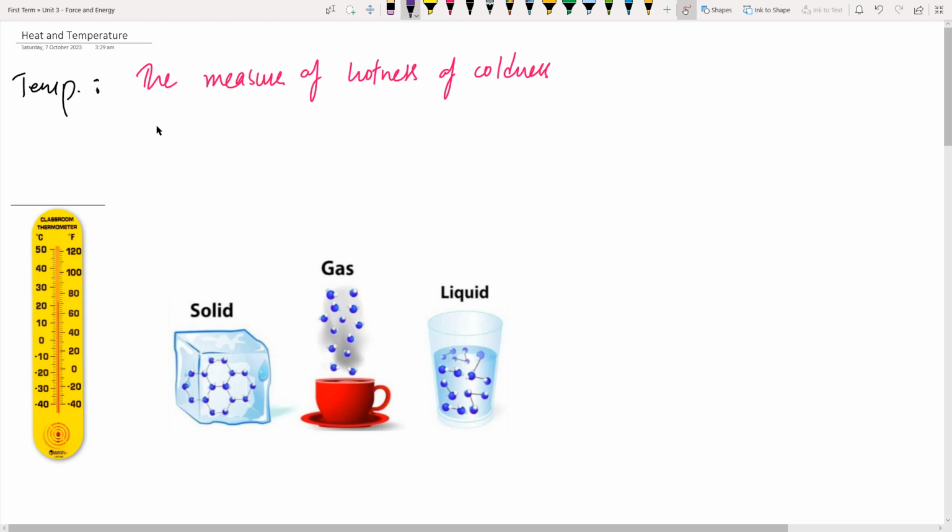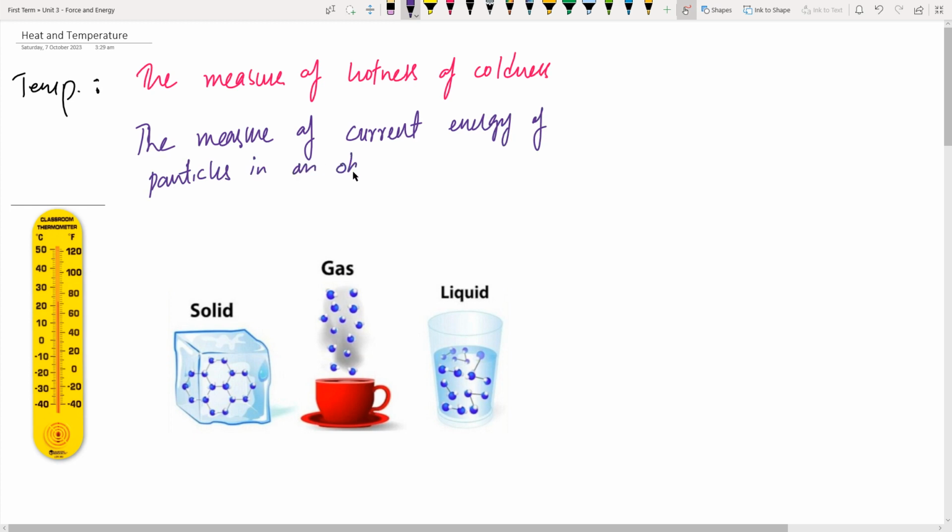So I'm going to write another one. I'm going to call temperature the measure of current energy of particles in an object.